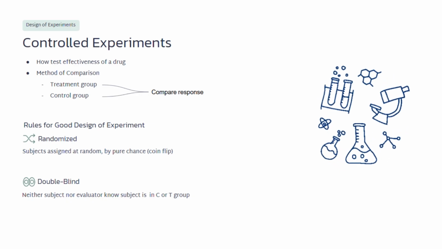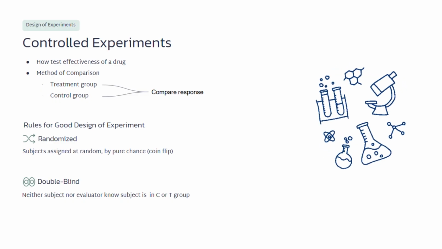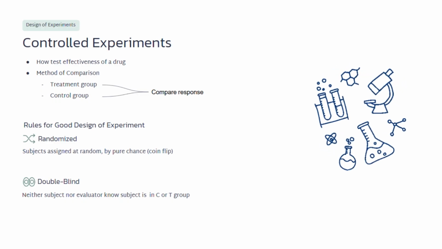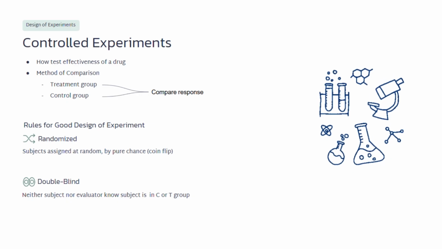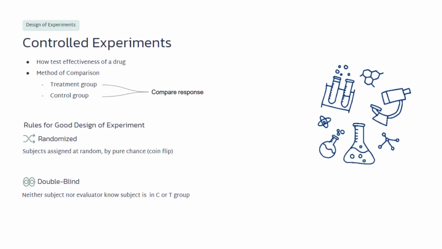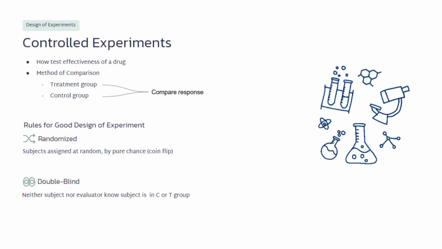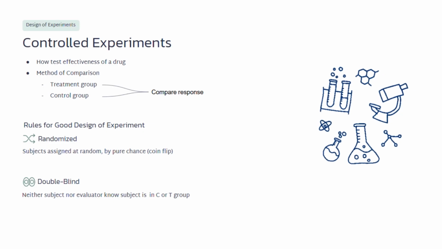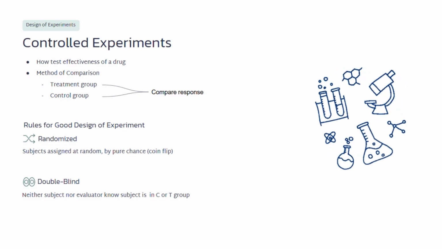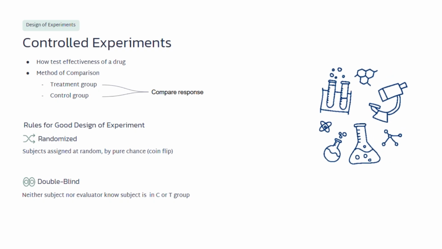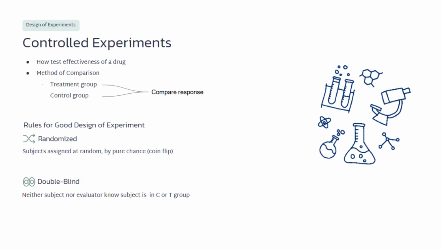The basic method here is the method of comparison. So you give the drug to subjects in a treatment group, and other subjects are used as a control group, and then you compare the responses you observe from these two groups.